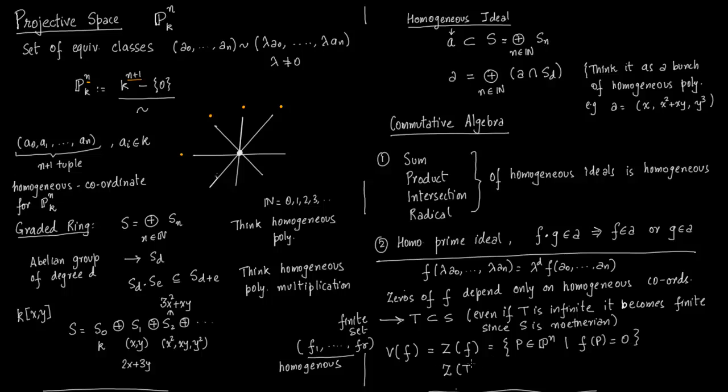Again, when you talk about zeros of T, that means the variety of T or vanishing set of T. It's just the common zero of all these polynomials, so all the fi's have to vanish.